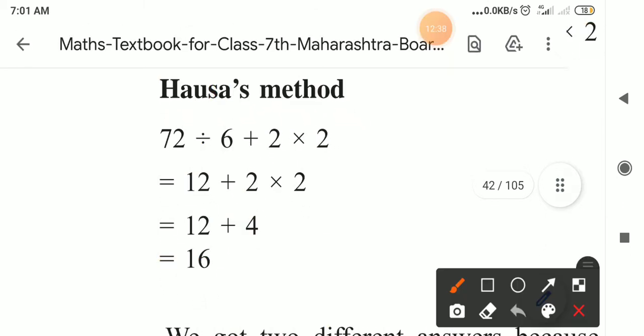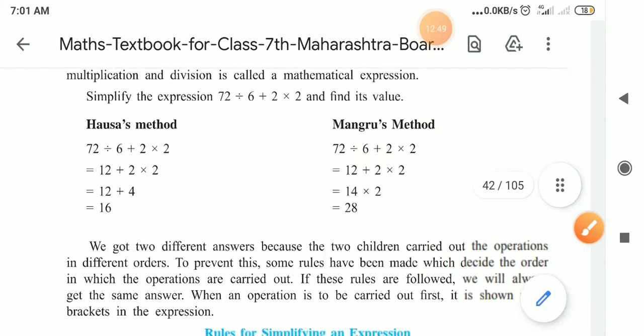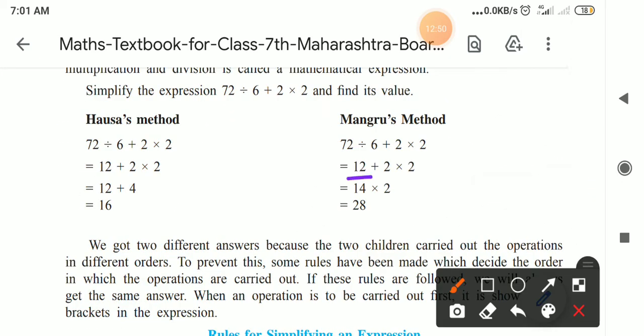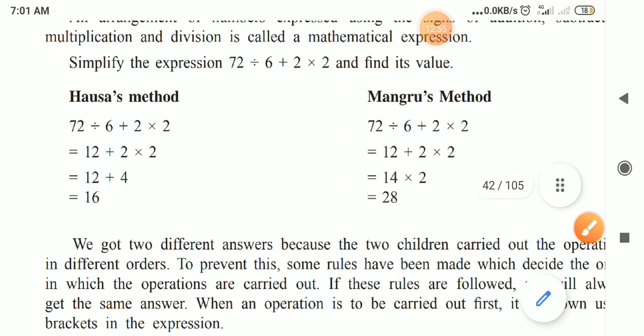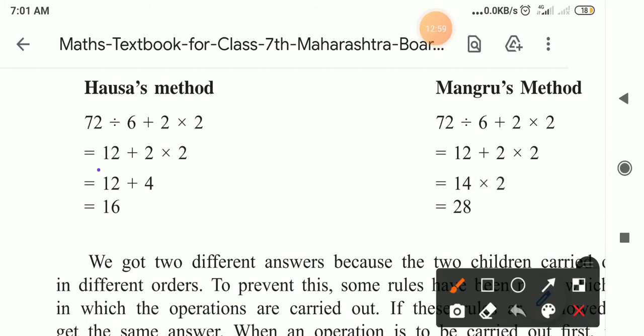6 into 72 gives 12. He did the division first. She also did the division first, because left to right it came first. Then 12 plus, and here 2 twos are 4.